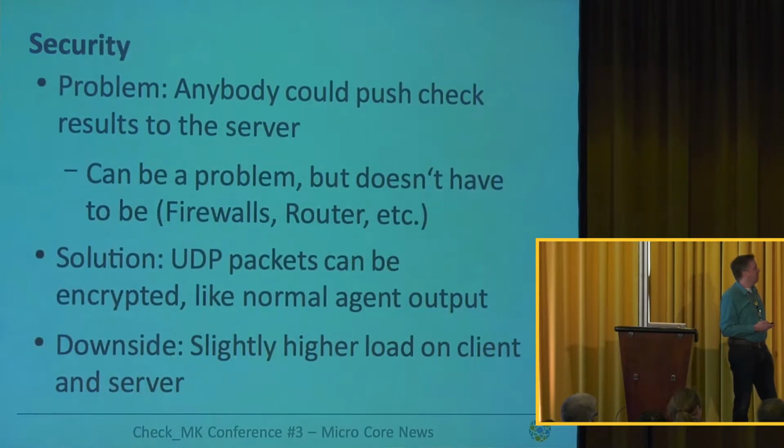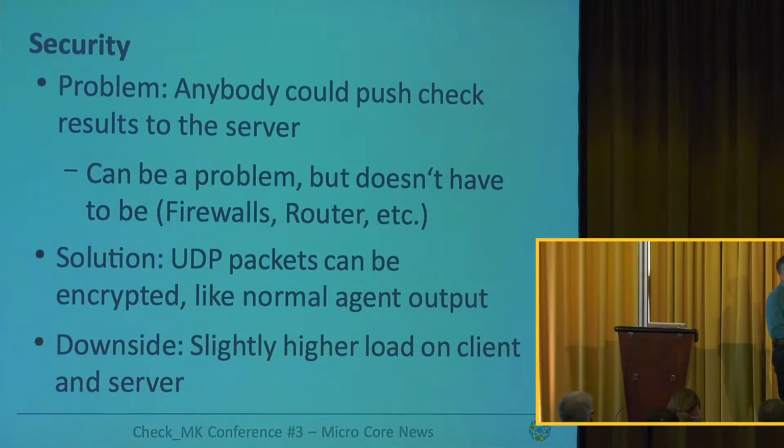So of course there's a catch to that if you look at it for a second, because anybody could come up and just push check results to the server via UDP, which is not fun. So it's a network configuration issue whether this is a problem. I mean, you could have firewalls or DMZs, so you cannot even allow a push. If you do that, it's fine.